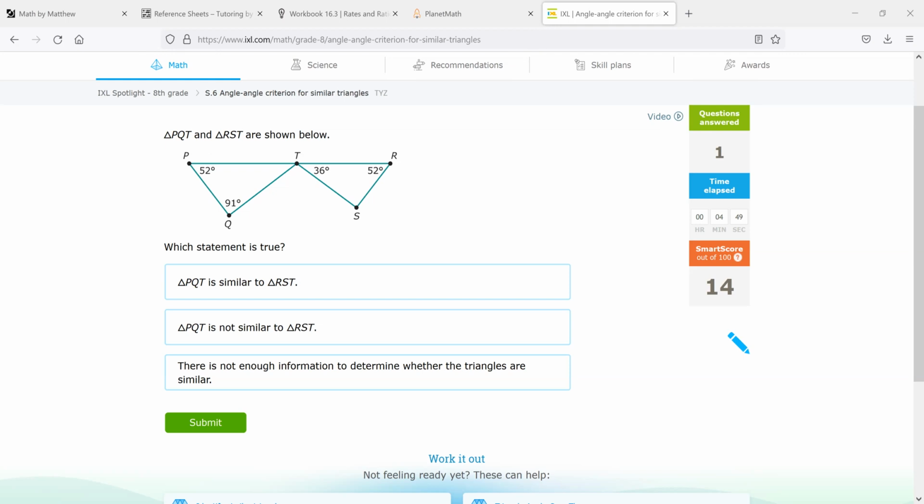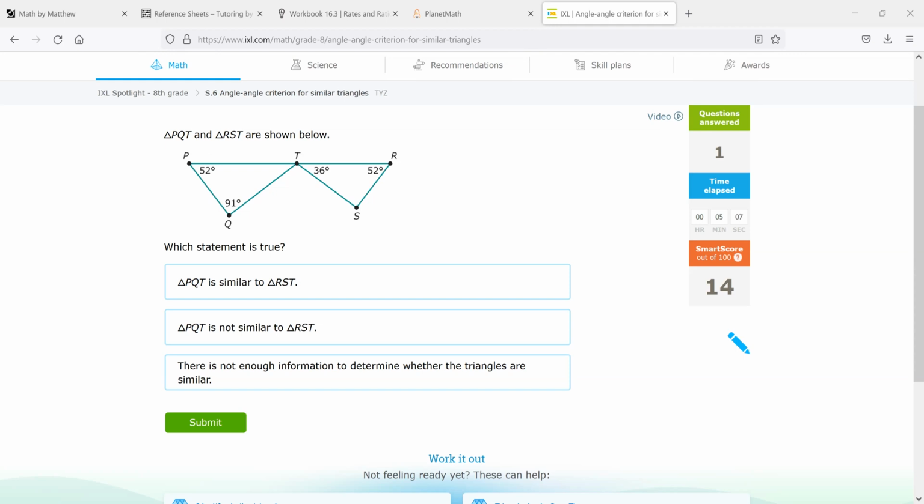Can you add up 52 and 91? 143, very good.